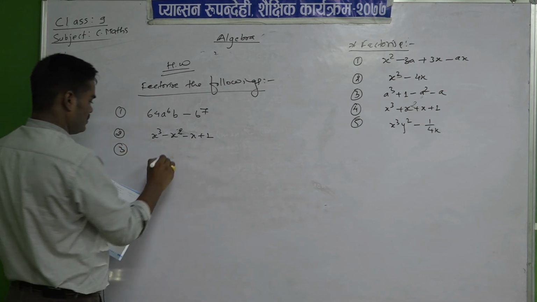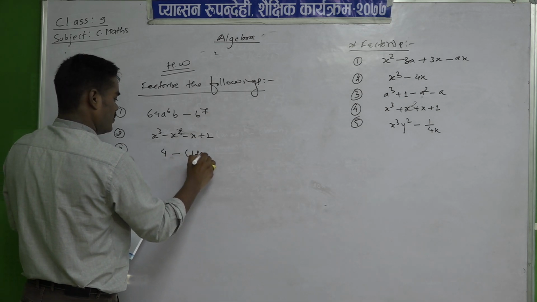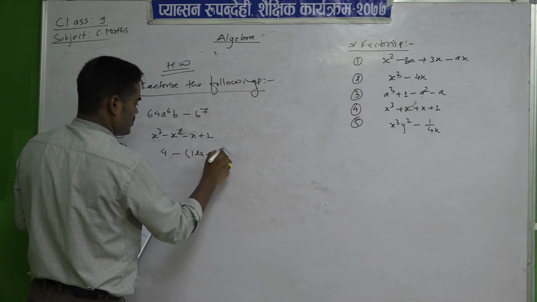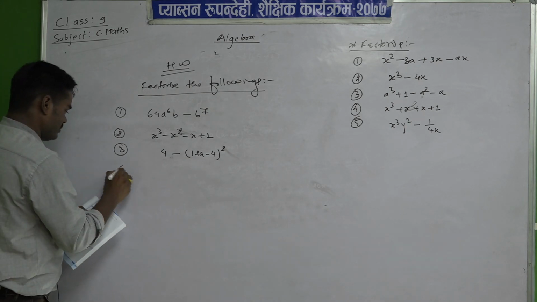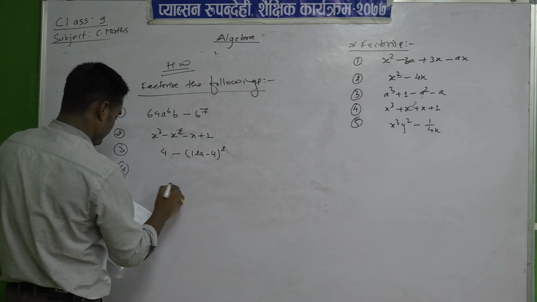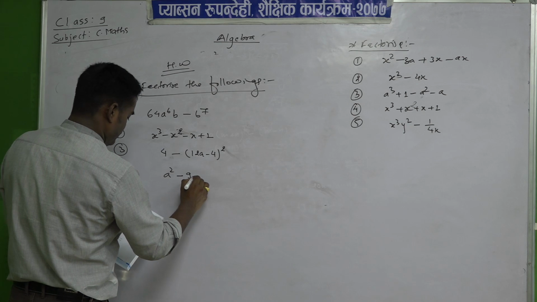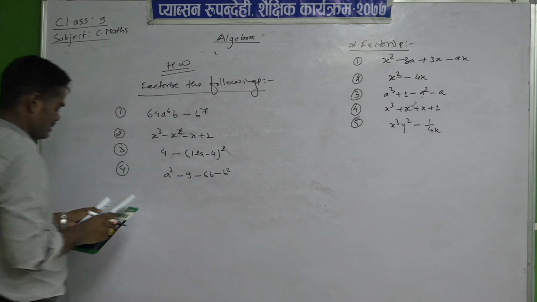Number 3: 4 minus (12a minus 4) whole square. And then: a square minus 9 minus 6b minus b square.